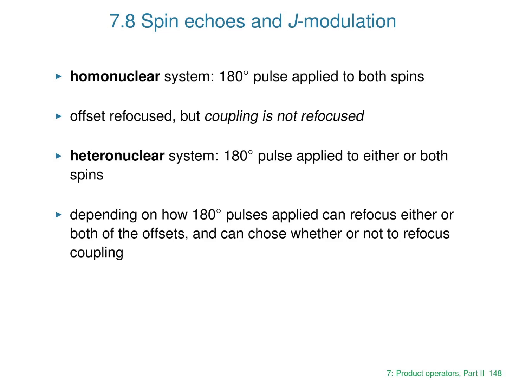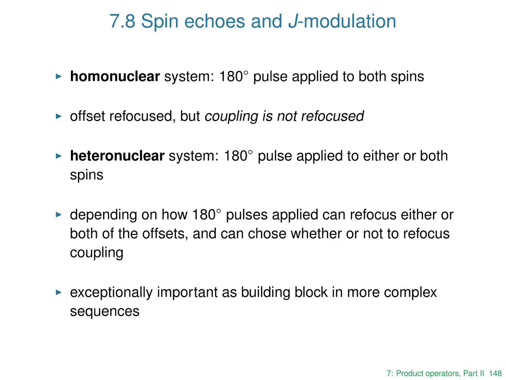So in a heteronuclear system, you've got a lot more control over what goes on. And this turns out to be of exceptional importance in multiple pulse experiments on heteronuclear systems. You constantly use spin echoes of different kinds to control whether or not the coupling or the offset or both or neither is being refocused. So I make no apology for spending quite a long time on this, because this is so important as a building block in multiple pulse NMR.